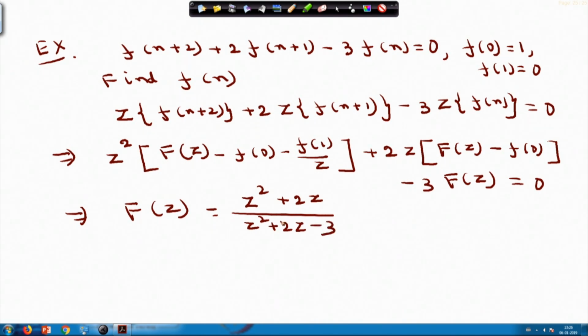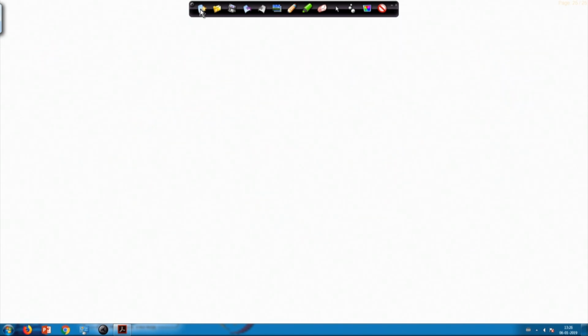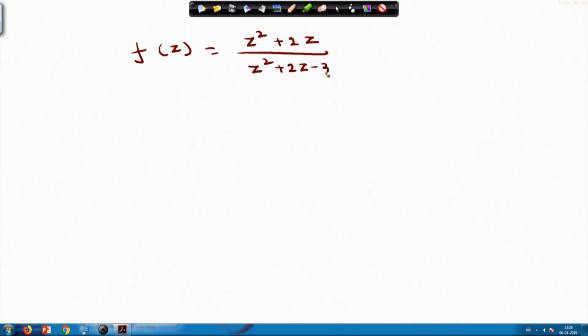Substitute f 0 equals 1 and f 1 equals 0, and by simplifying I will obtain F z equals z square plus twice z by z square plus twice z minus 3.